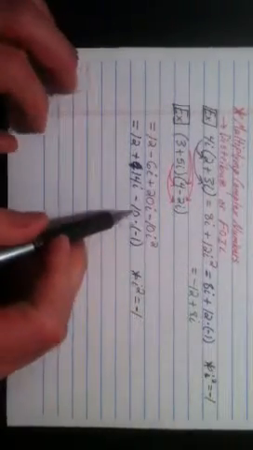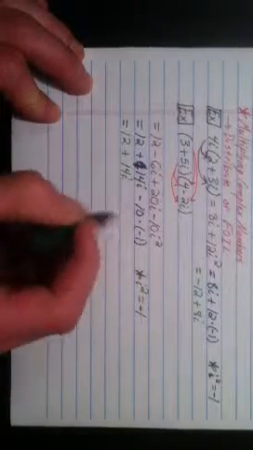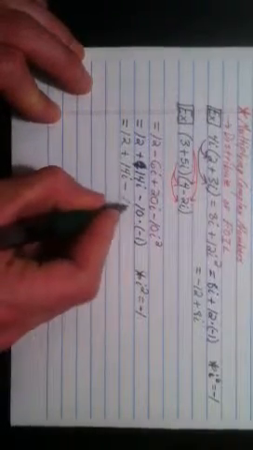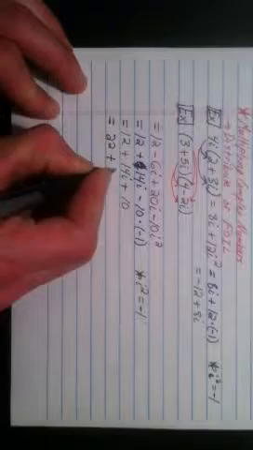So what will happen here is we have 12 plus 14i minus a 10, but 10 times negative 1 is going to make that a negative 10, which will actually turn that into positive 10. So this becomes 12 plus 10 is 22 plus 14i.